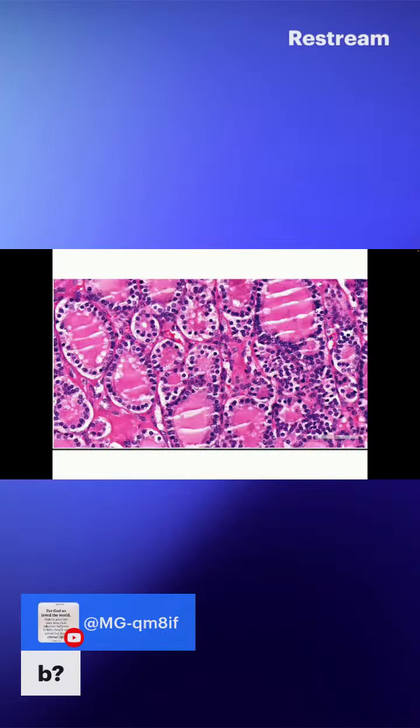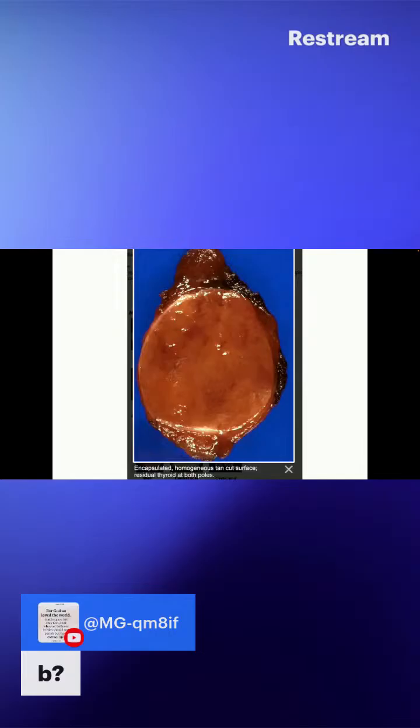This nucleus is a bit darker and basally located, but overall there are no striking features that might let you think that this might be something like papillary thyroid carcinoma. So that's a really nice picture of a thyroid follicular adenoma. You can see that it is very well circumscribed, with a very homogeneous looking tan colored cut surface.